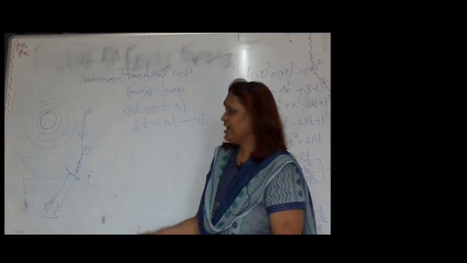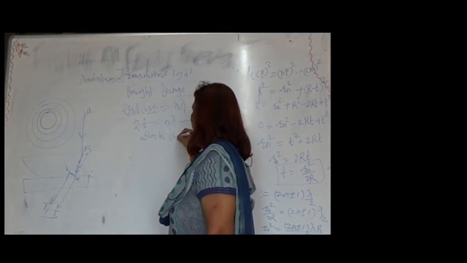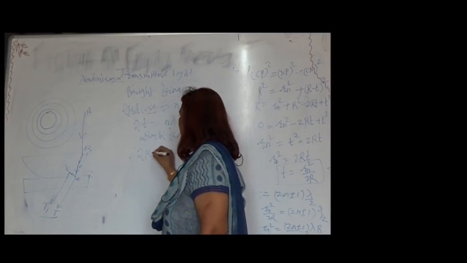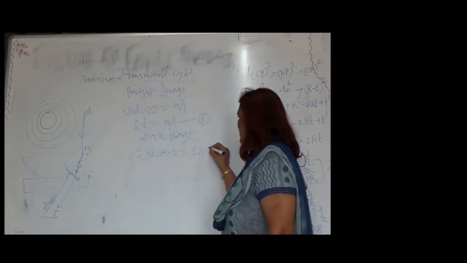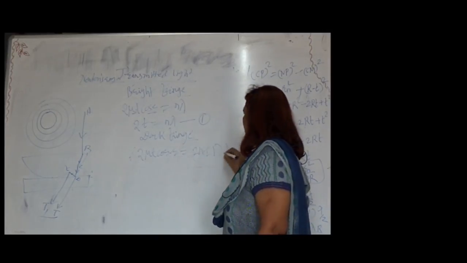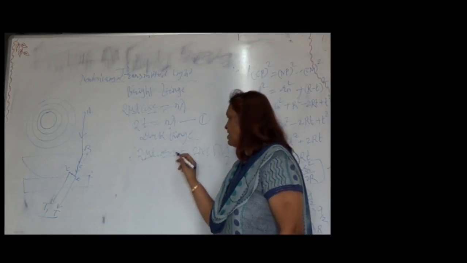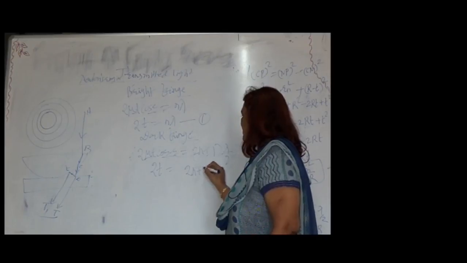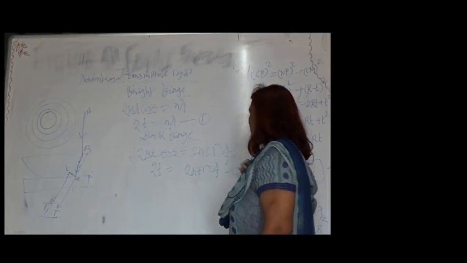Now similarly we can find it for dark fringes. For dark fringes, 2 mu t cos r is equal to (2n plus or minus 1) lambda by 2. Again mu is 1 for air, and cos r is again 1. So 2t is equal to (2n plus or minus 1) lambda by 2, and denote it as equation number 2.